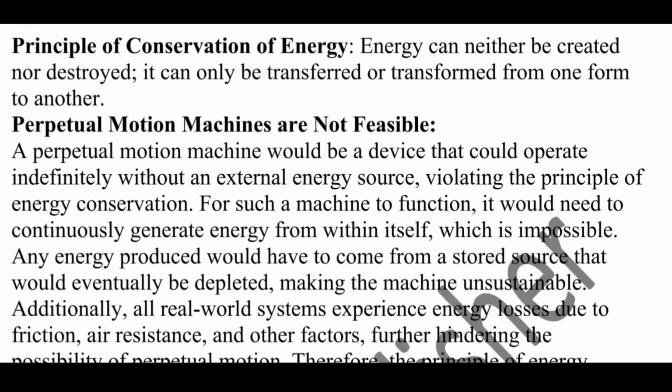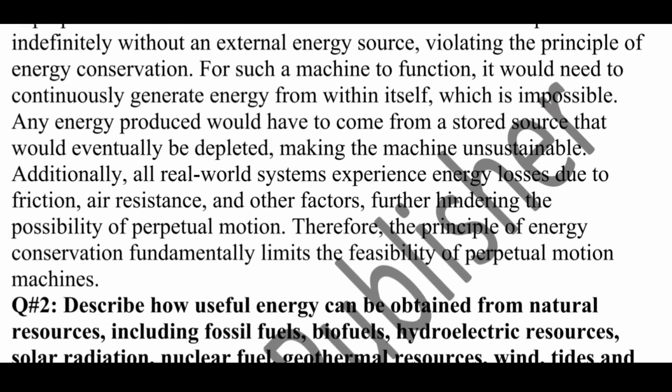Any energy produced would have to come from a stored source that would eventually be depleted, making the machine unsustainable. Additionally, all real world systems experience energy loss due to friction, air resistance, and other factors, further hindering the possibility of perpetual motion. Therefore, the principle of energy conservation fundamentally limits the feasibility of perpetual motion machines.